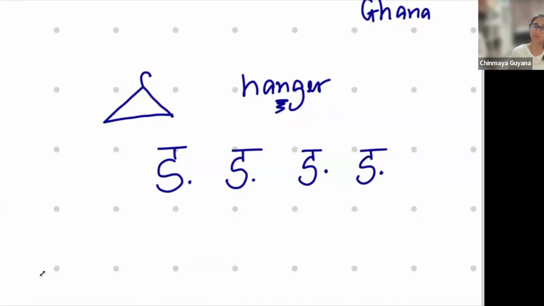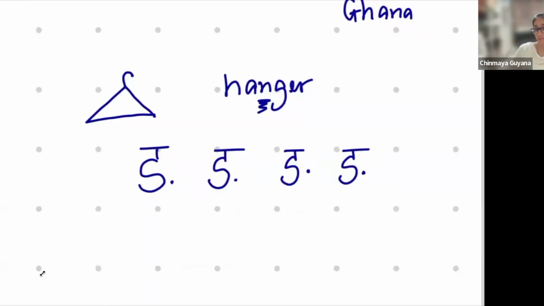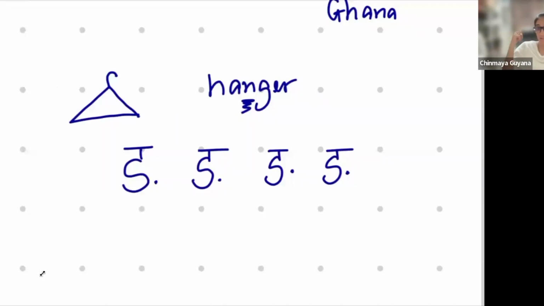So the way you remember how to say this is you try and say N with the sound G next to it. So another word will be one that we're very good at. Anger. Or skunk.